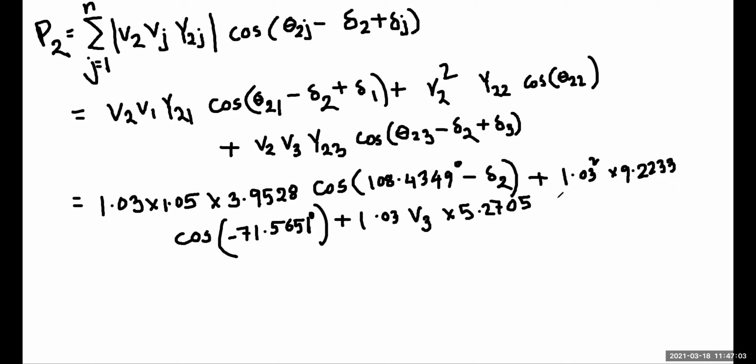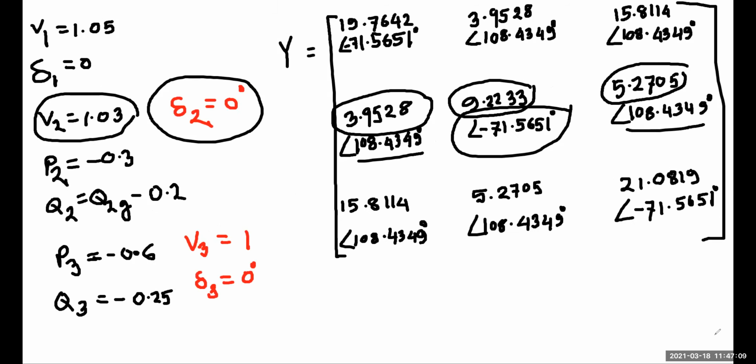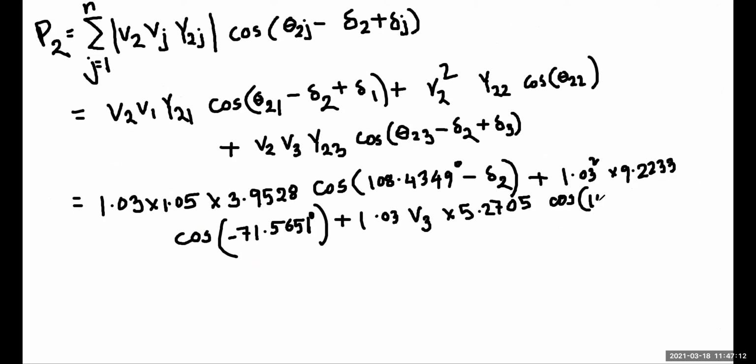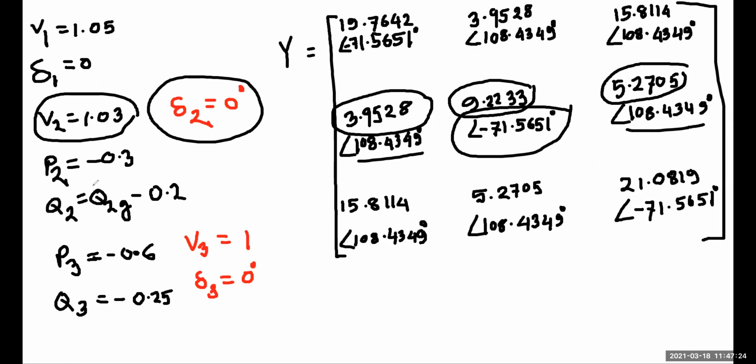And your cos of theta23 is this one, 108 minus delta 2 plus delta 3. Is delta 2 known? No, it is not known. Delta 3 is also not known. So we will keep them like this.